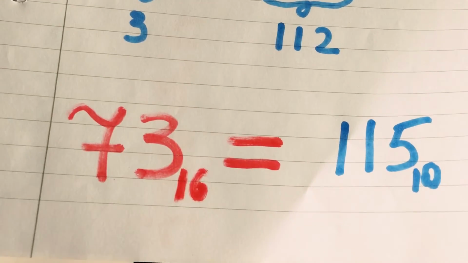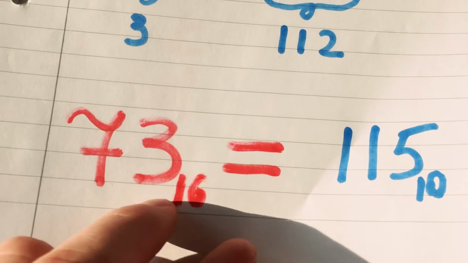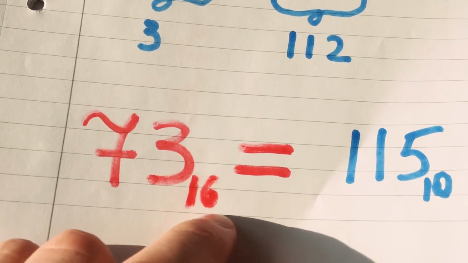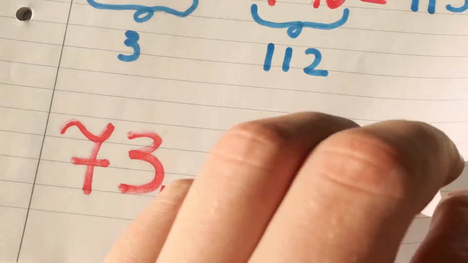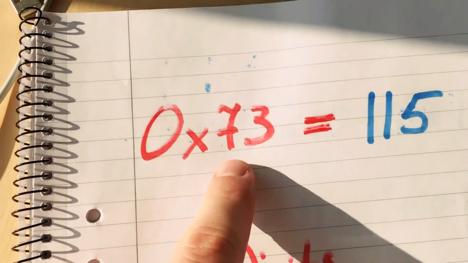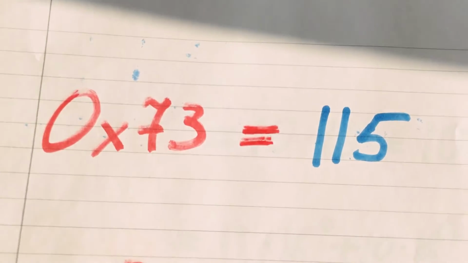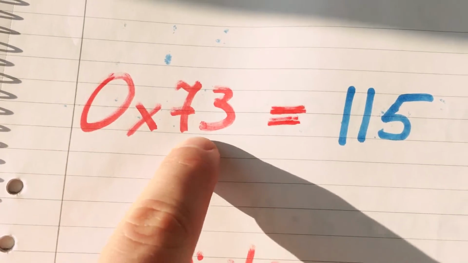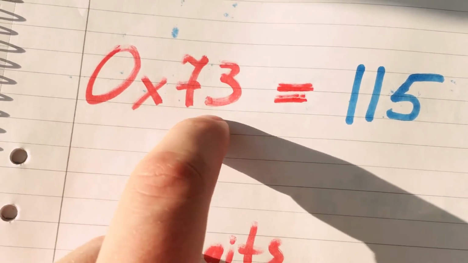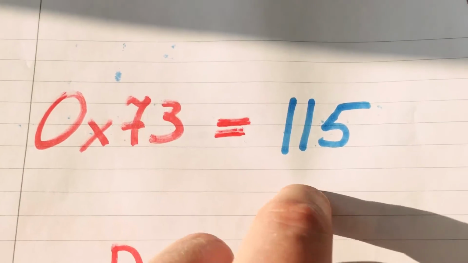However, in order to avoid these subscripts, which can be tough to write if you're using a computer, we just write 0x73 equals 115. So whenever a number starts with 0x, we know that this is in base 16. And so 73 in base 16, because it starts with 0x, equals 115.